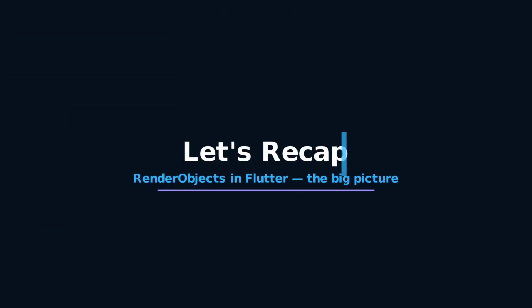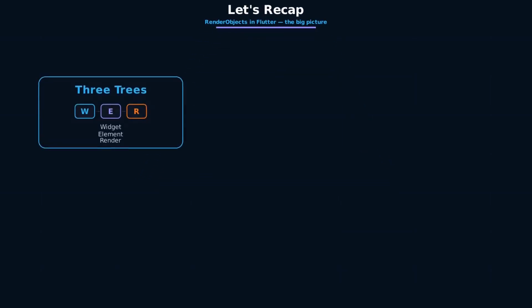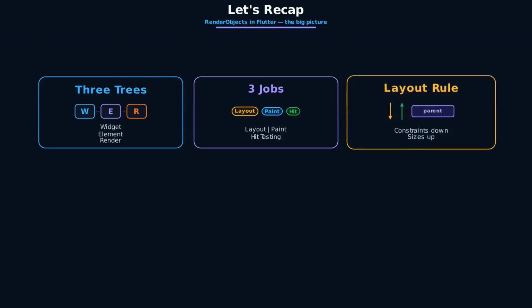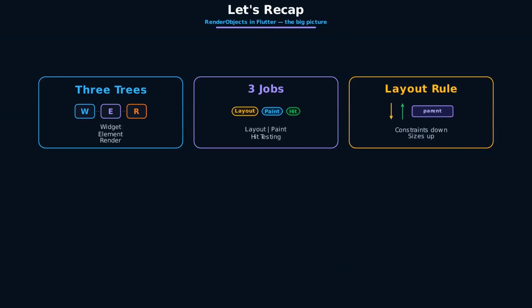Let's recap everything we covered today. Flutter has 3 trees: widget, element, and render. The render tree is made of render objects. A render object has 3 jobs: layout, paint, and hit testing. Layout follows the rule: constraints go down, sizes go up, parent sets position. The performLayout method is where size is calculated.